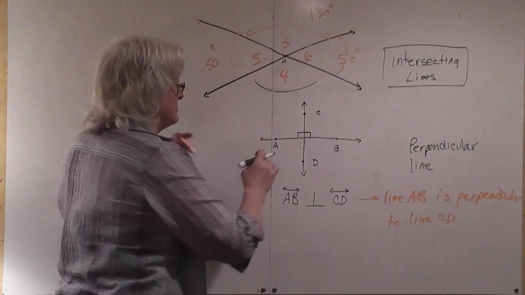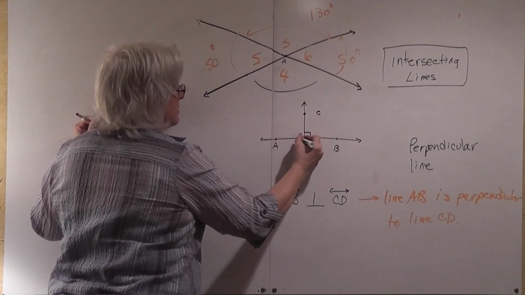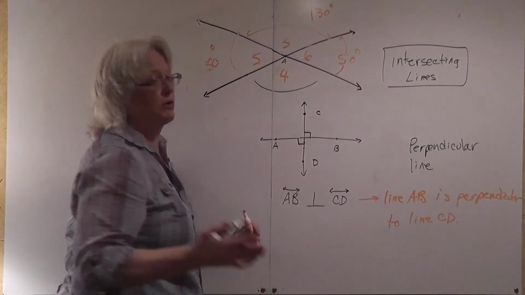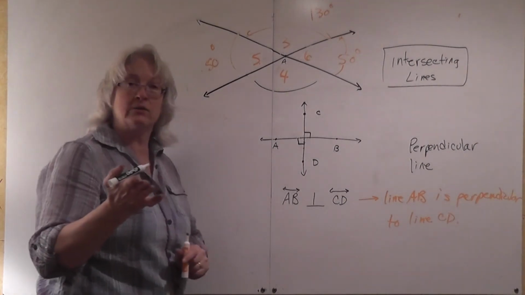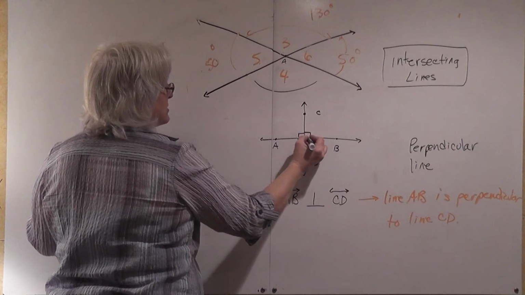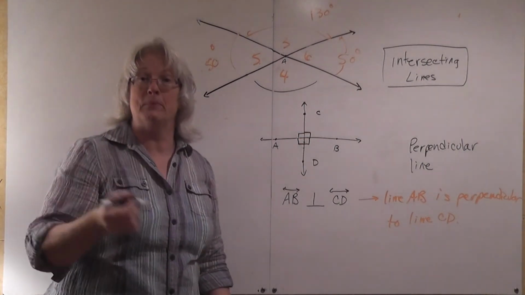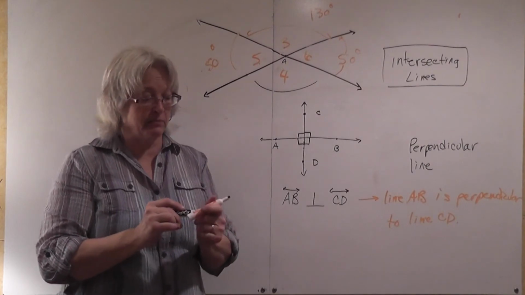Or you could also simply go on the fact that when you have two intersecting lines, vertical angles have the same measure. So when you have perpendicular lines, you have four right angles. All of those angles measure 90 degrees exactly.